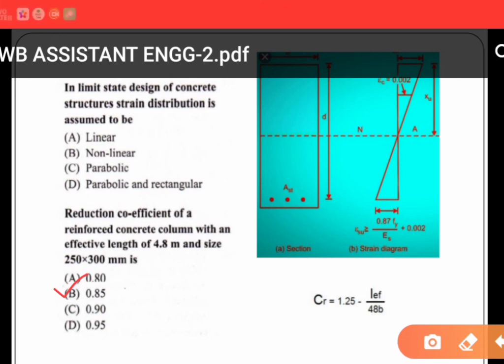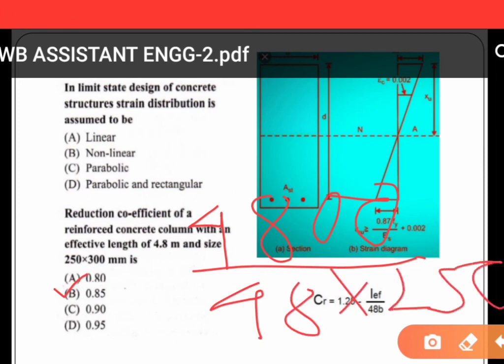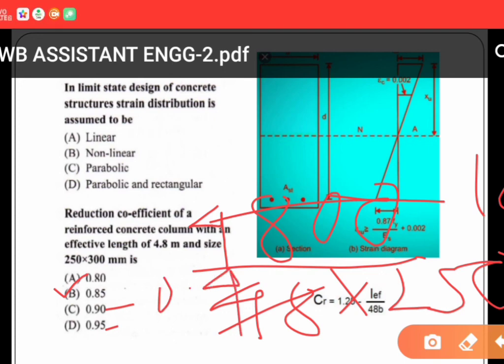Here L effective will be 4.8 meters, that means 4800, divided by 48 times B, that means 250. So this gives 0.4, and 1.25 minus 0.4 will be 0.85. So the correct answer will be option B, 0.85.